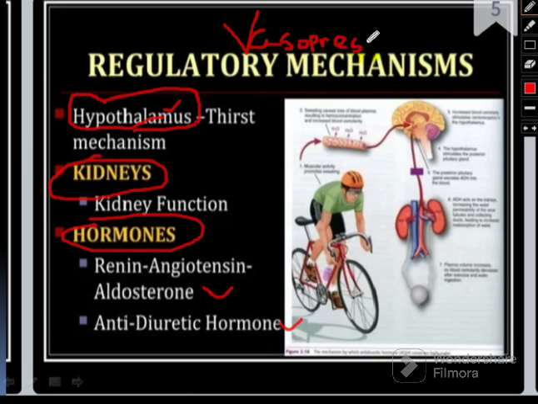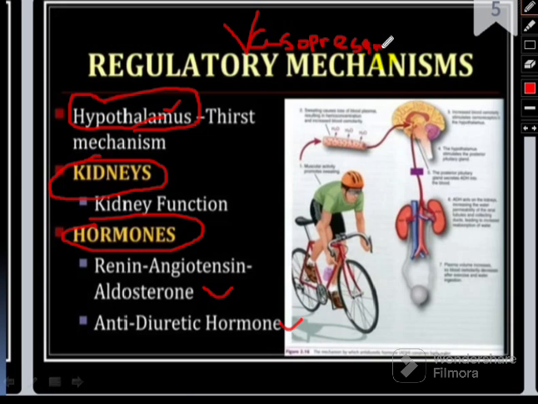So when you hear of ADH, the short form of antidiuretic hormone is ADH. Another word for ADH is vasopressin. And that hormone is secreted by what? The posterior pituitary gland or the neurohypophysis. You will do all of that under endocrinology.